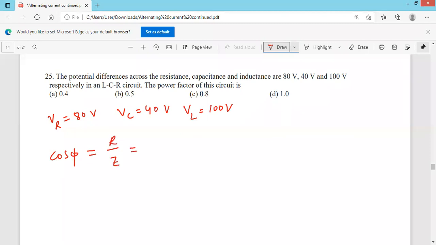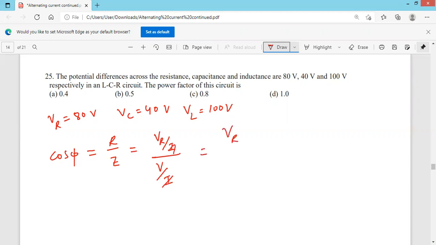So R we can write in terms of voltage. V is equal to IR, so R is equal to V by I, the voltage across the resistance divided by I. Similarly, impedance is equal to source voltage divided by I. This I and this I cancel.